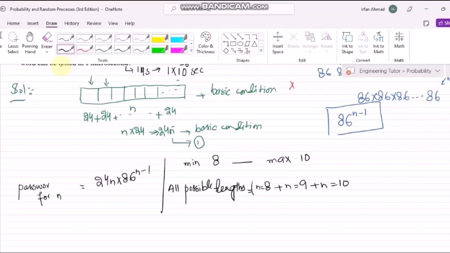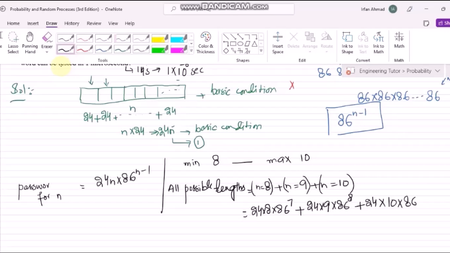Why am I using plus here? Because any of these three can be used here. It can be 8 or 9 or 10. So now putting the values here, I will get 24 into 8 into 86 raised to power 7, plus 24 multiplied by 9 multiplied by 86 raised to power 8, plus 24 multiplied by 10 multiplied by 86 raised to power 9.